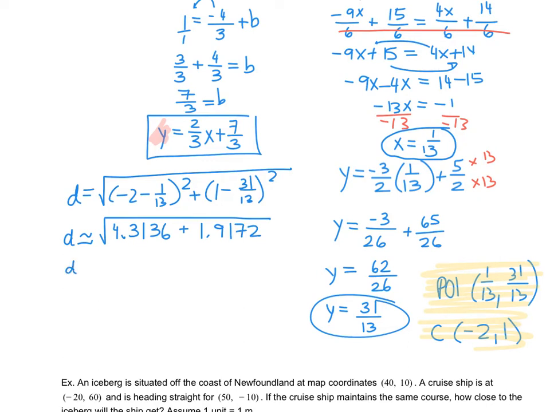Okay, and then I will add these answers. So 4.3136 plus 1.9172. And I get the square root of 6.2308. And then I will just square root this answer. And I get approximately 2.5 units for the distance.